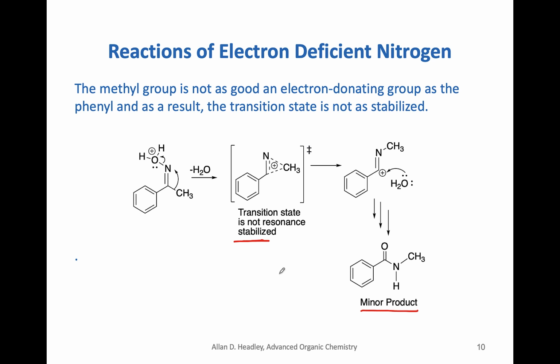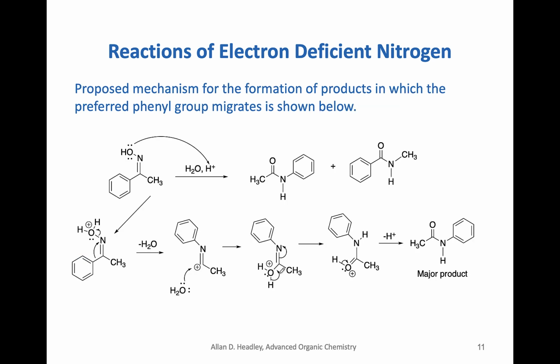So you should be able to predict the major and minor product of this type of rearrangement, also known as the Beckmann rearrangement, to the electron deficient nitrogen. So in this case here we have the mechanism. So this protonates here to get this.